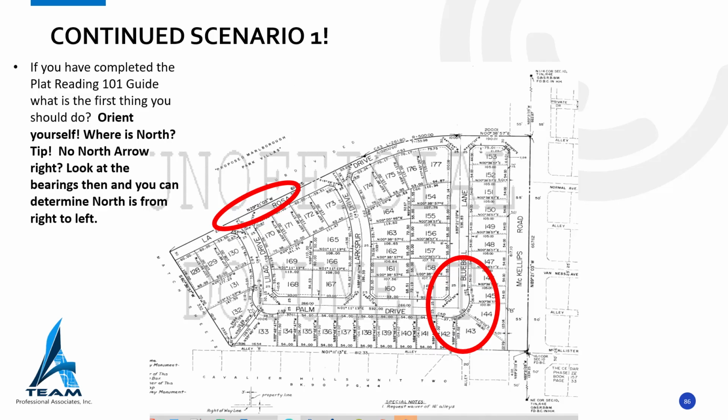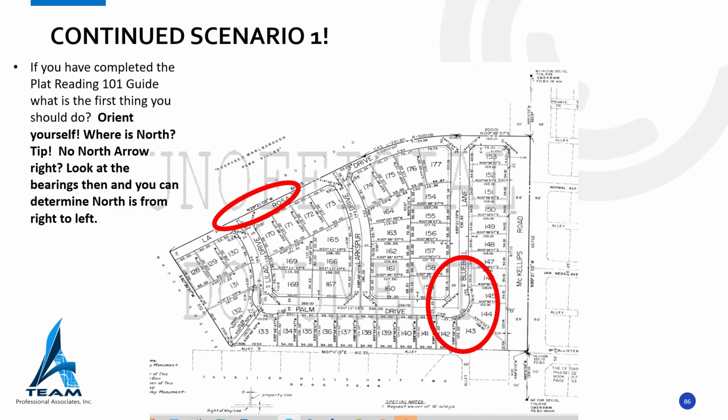Well, here's a tip. On this graphic here, you can't see a north arrow. It is officially on the drawing and on the actual original PDF, but it's not visible to you, is it? So that's fine. Look at the bearings. It gives away where the north arrow is. So look at the bearings, then you can make a determination. North is from right of the image to the left of the image.